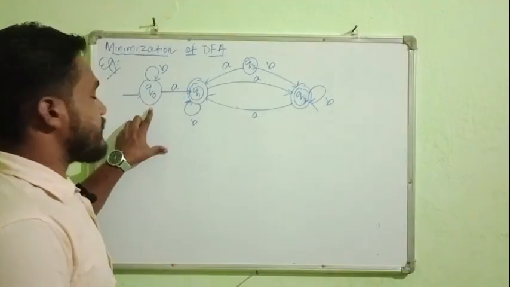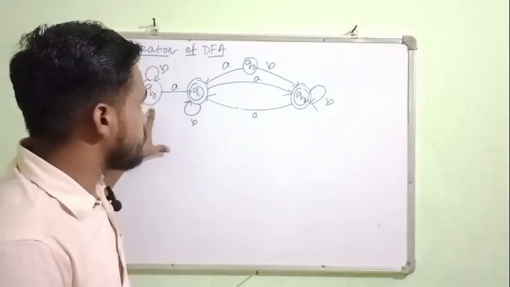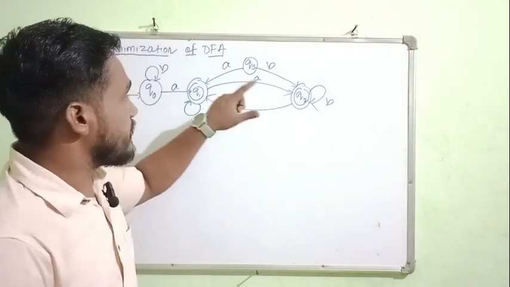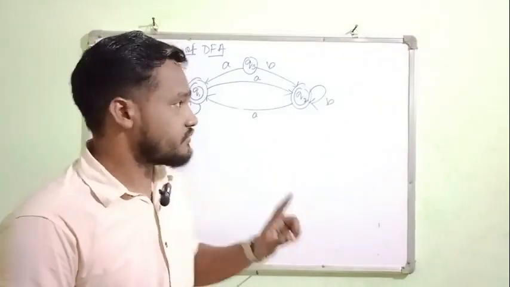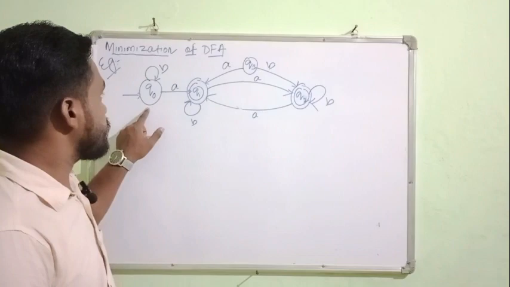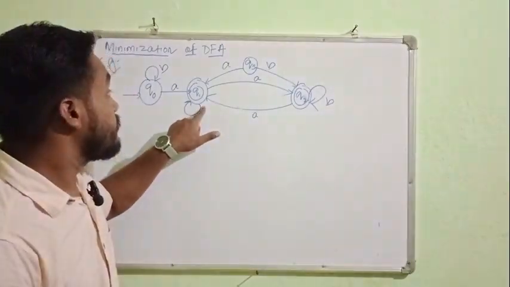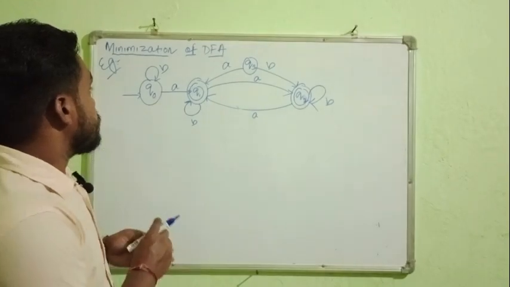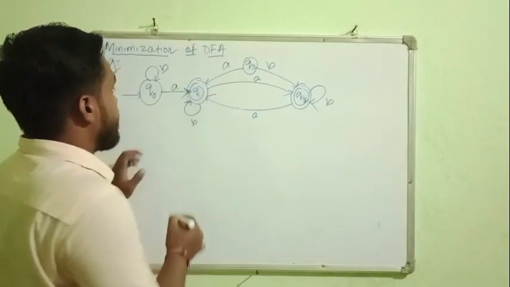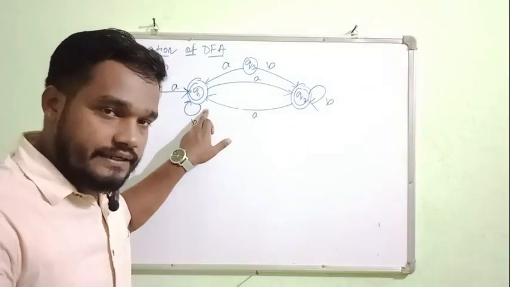Here the initial state is Q0, so we will check which state is inaccessible from the initial state. Q0 has a direct connection, so it is not inaccessible. Q0 has an arrow to Q1, which means it has connectivity.